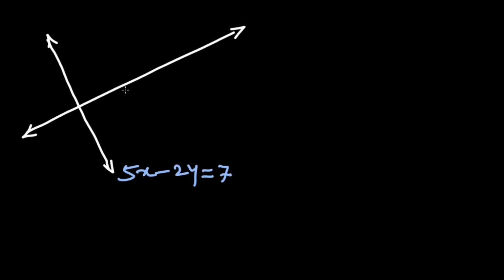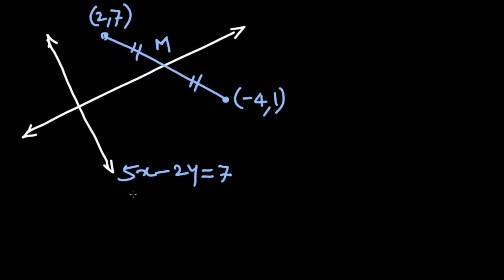Find the equation of a straight line which is perpendicular to 5x minus 2y equals 7 and passes through the midpoint of the line joining the points (2, 7) and (minus 4, 1). First, let us find the slope of this line.